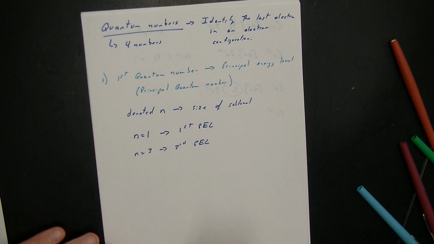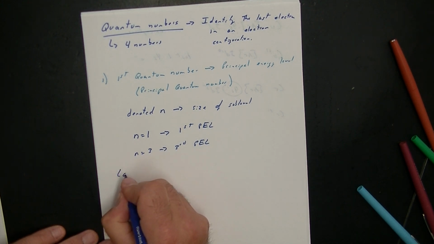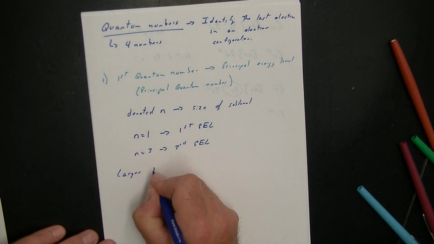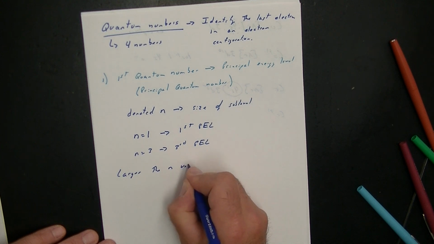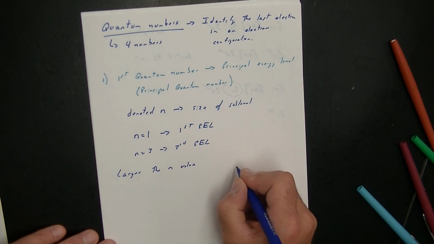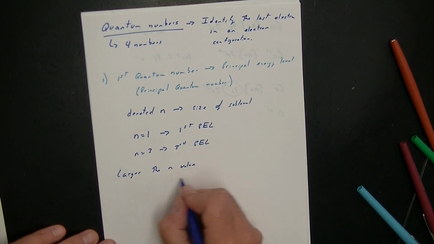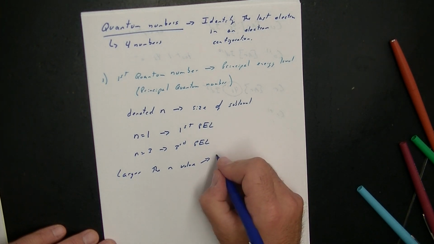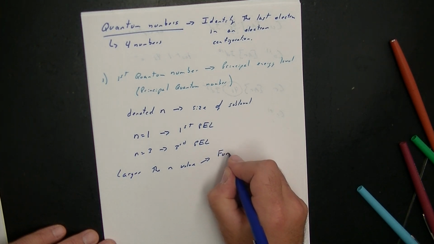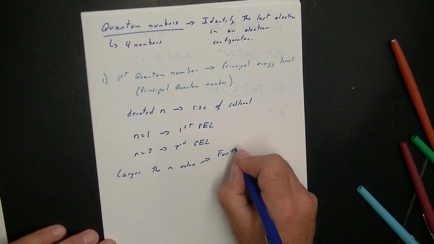Now, the larger the n value, that tells us that we're further from the nucleus.